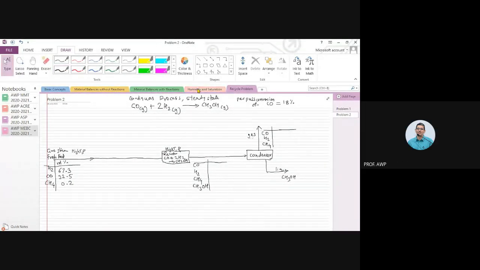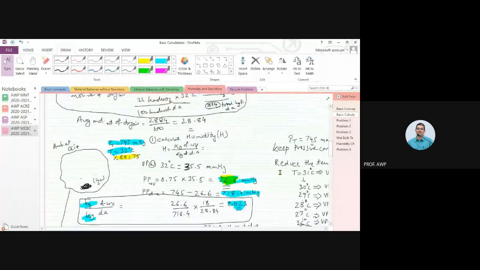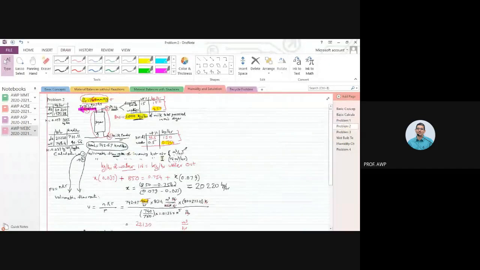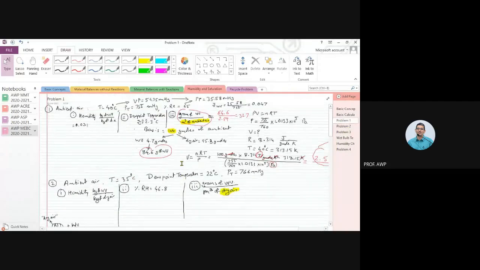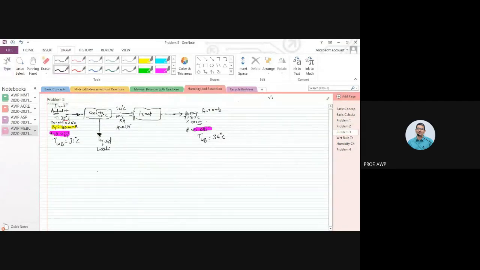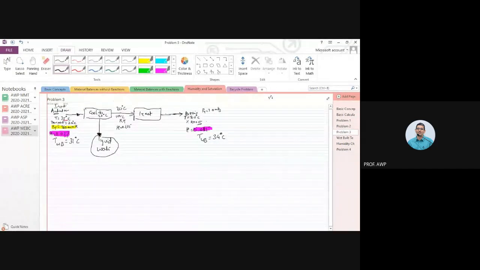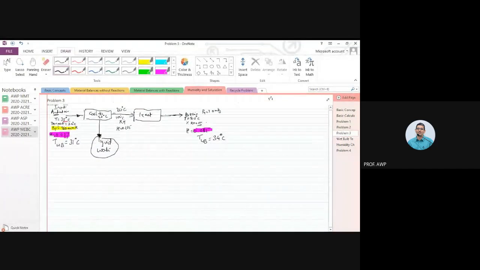See, in the humidity and saturation problem, when we had water condensing out, we had, let me go to that problem, wherever that problem was. I can't see where we had liquid water condensing out. What did we say about the air going out of that condenser? We said that it was 100% saturated.